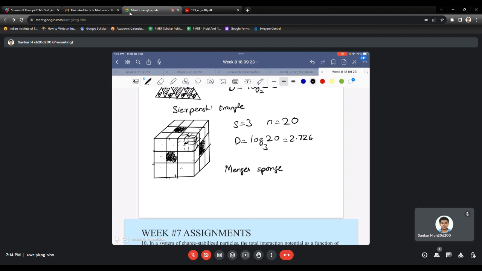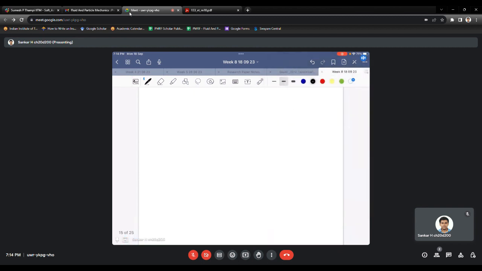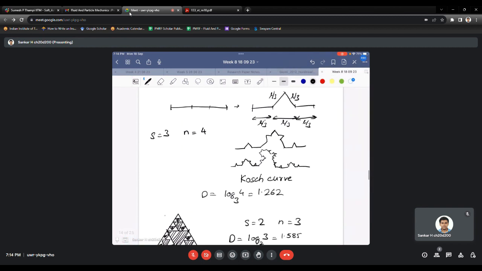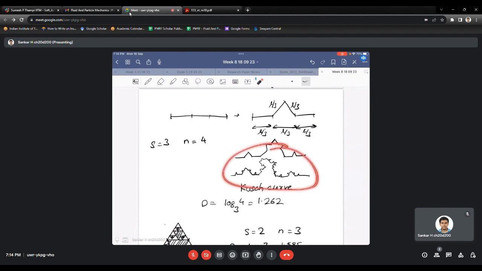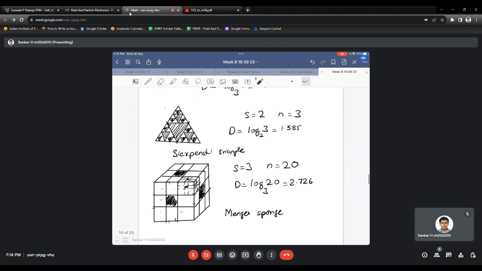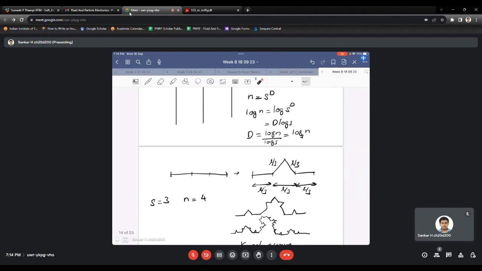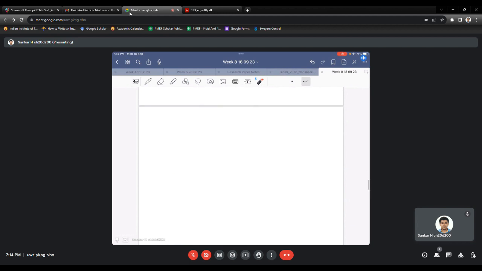Now, how do we use this in the analysis of fractal dimension? It mainly comes from here, which is the Koch curve and the Sierpinski triangle, where we have a circle which has a dimensionality of 1, but if you have multiple circles that are connected together to form a bigger circle.